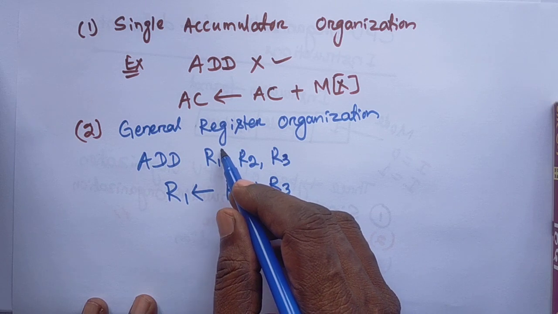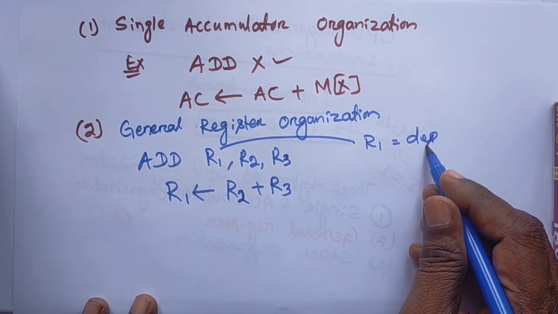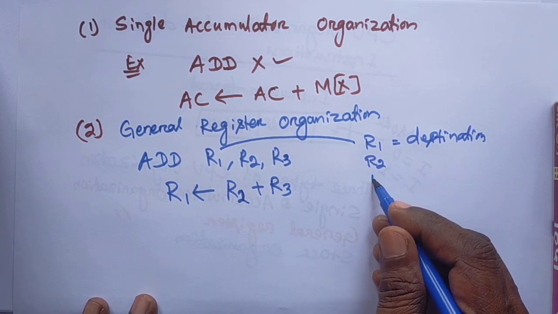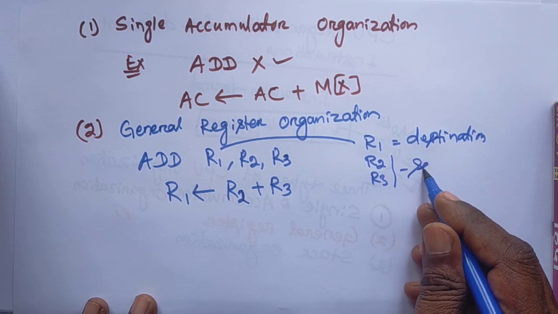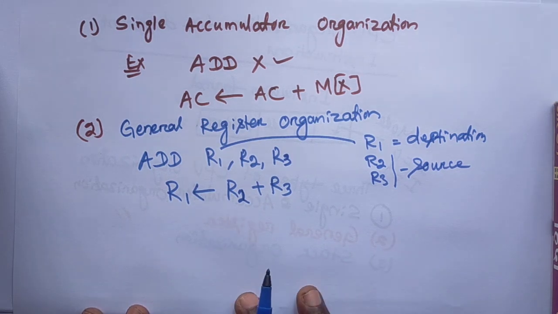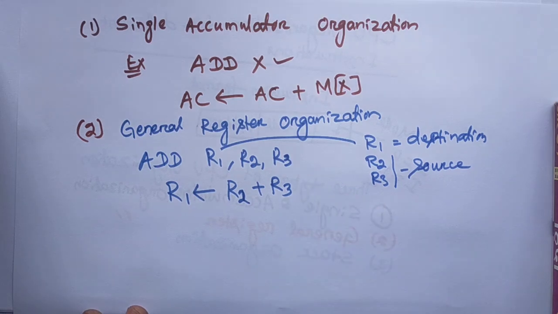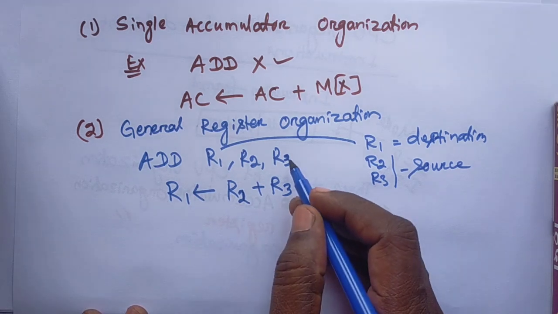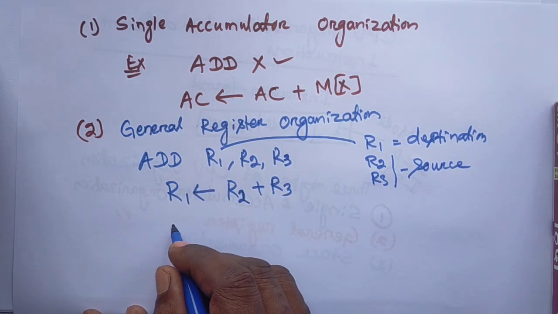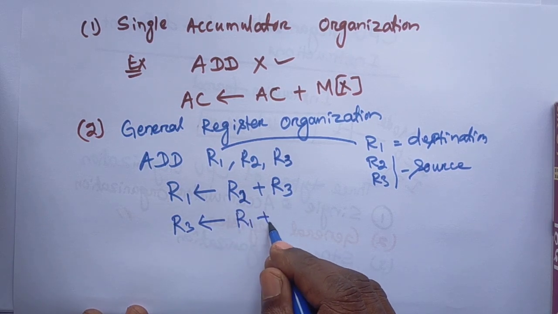Here this particular R1 is the destination, and R2 and R3 both are sources. Okay, both are sources. Some computers also use another way: the last one is the destination and the first two are sources. In some cases we can write R3 equals R1 plus R2.